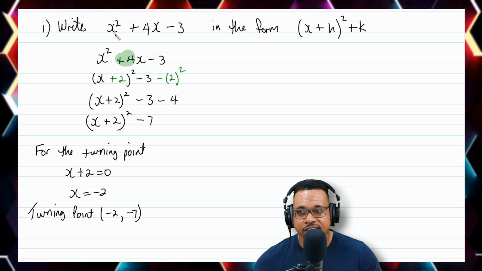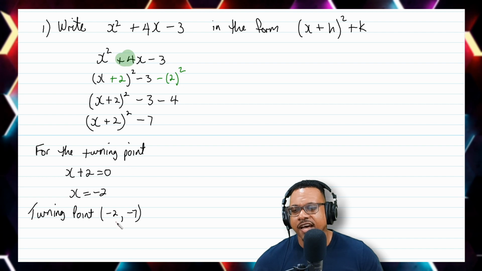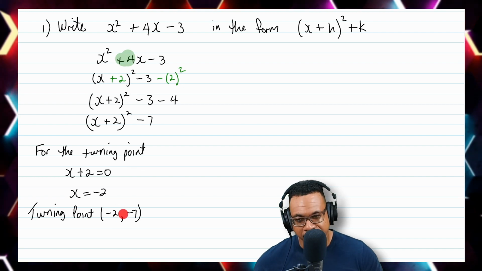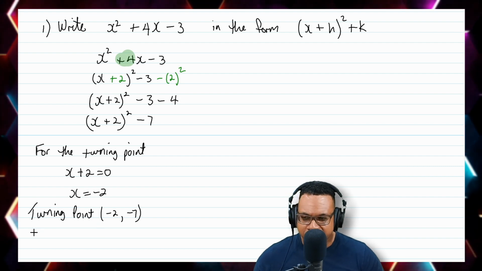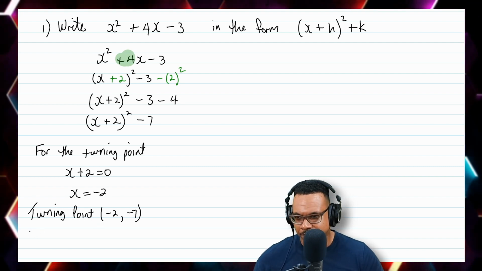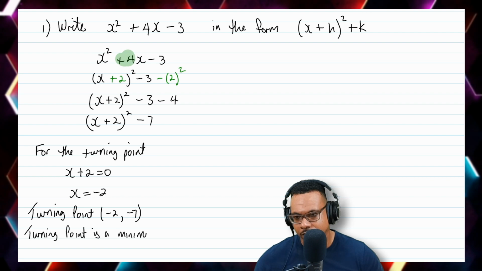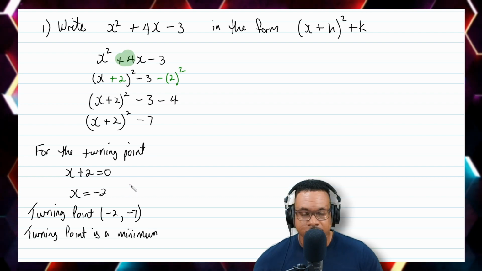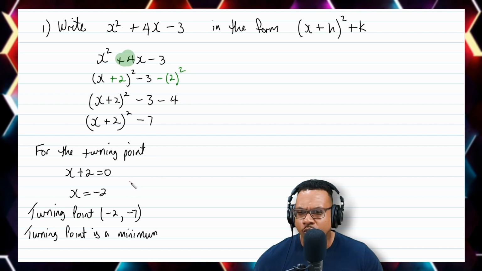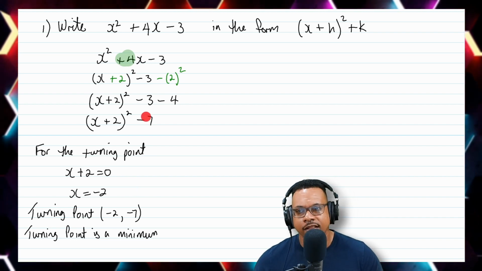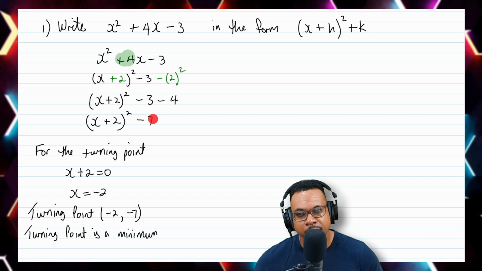And as we discussed, the graph would be a minimum curve, and therefore this would be the lowest point on the graph. So this turning point would be a minimum. So I'm just going to write that the turning point is a minimum. So after completing the square, you could be asked questions like, what is the minimum or maximum value of y? Well, this negative 7 here would be the minimum value of y.